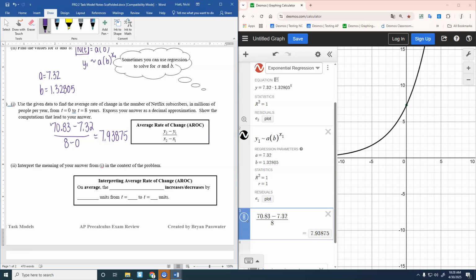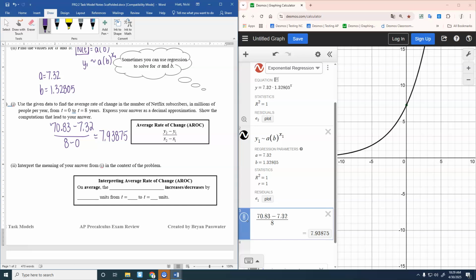It is probably a good idea because they're going to ask you to interpret the meaning of your answer in part 2. So I don't think you have to have units in part 1. You are going to have units in part 2.